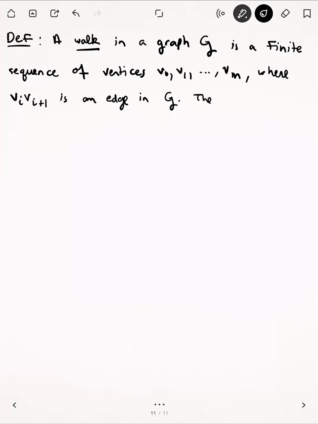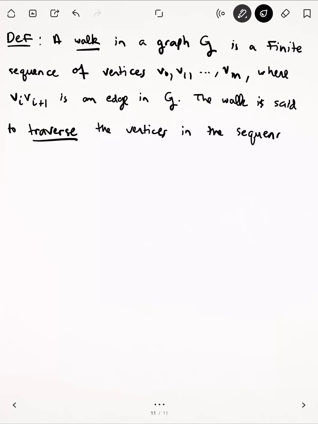The walk is said to traverse the vertices in the sequence. So that is, in this walk up here, V0 through Vm, the walk traverses V0 through Vm.